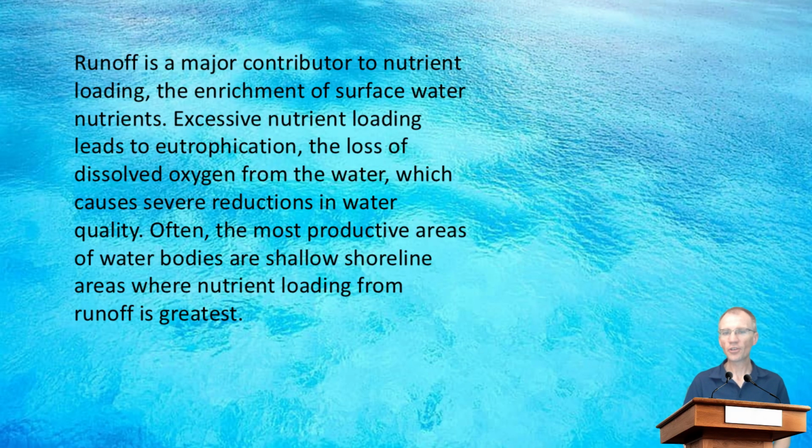Runoff is a major contributor to nutrient loading, the enrichment of surface water nutrients. Excessive nutrient loading leads to eutrophication, the loss of dissolved oxygen from the water, which causes severe reductions in water quality. Often, the most productive areas of water bodies are shallow, shoreline areas where nutrient loading from runoff is greatest.